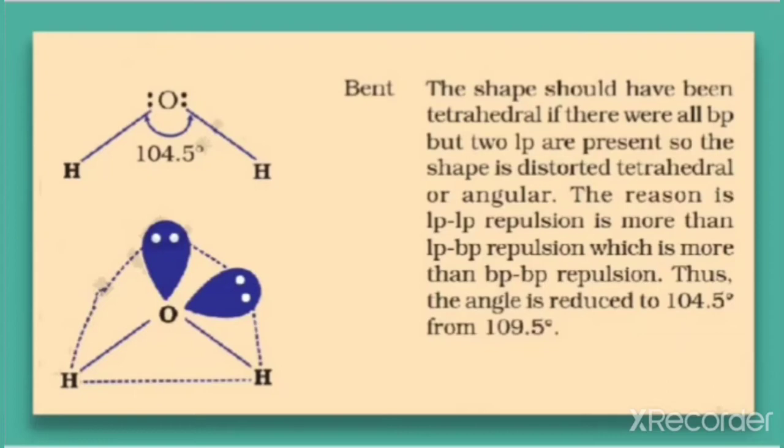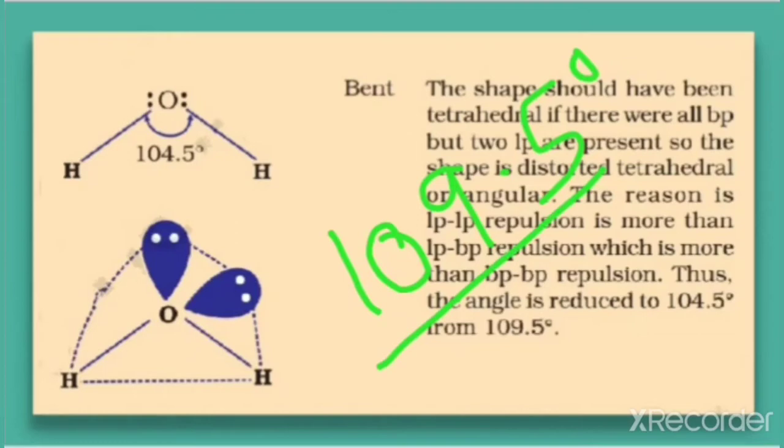In water, the angle we would expect because of tetrahedral geometry is 109.5 degrees, but actually the angle is 104.5 degrees because here there are two lone pairs.